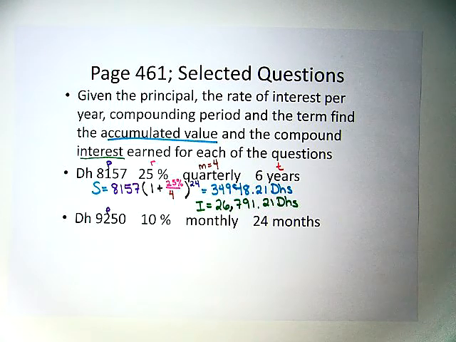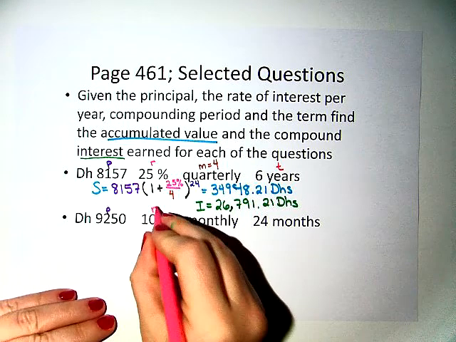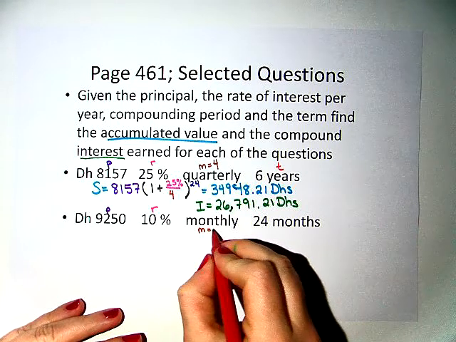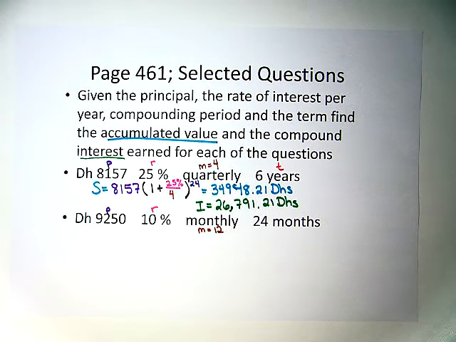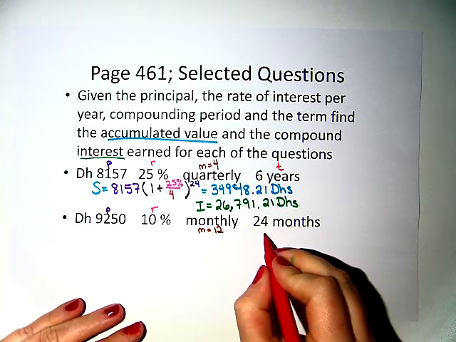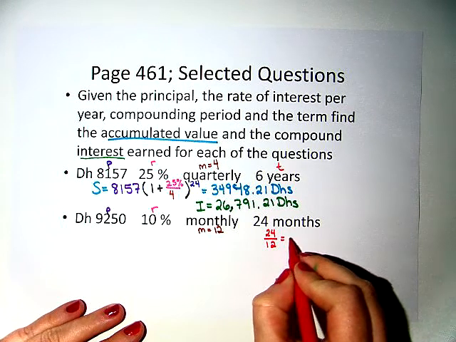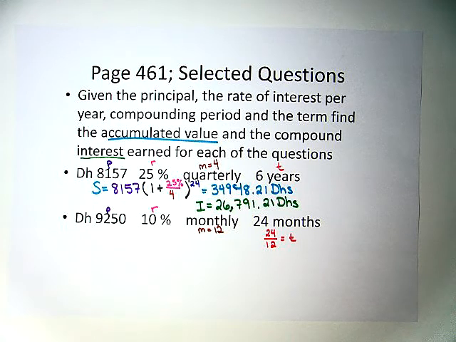Okay, so let's try the next one. 290 is our P, 10% is the R. Monthly, that means our M is going to be 12. And our T is 24 months, but instead of writing 24 months, we're going to put 24 divided by 12, because remember, our T always has to be in years.